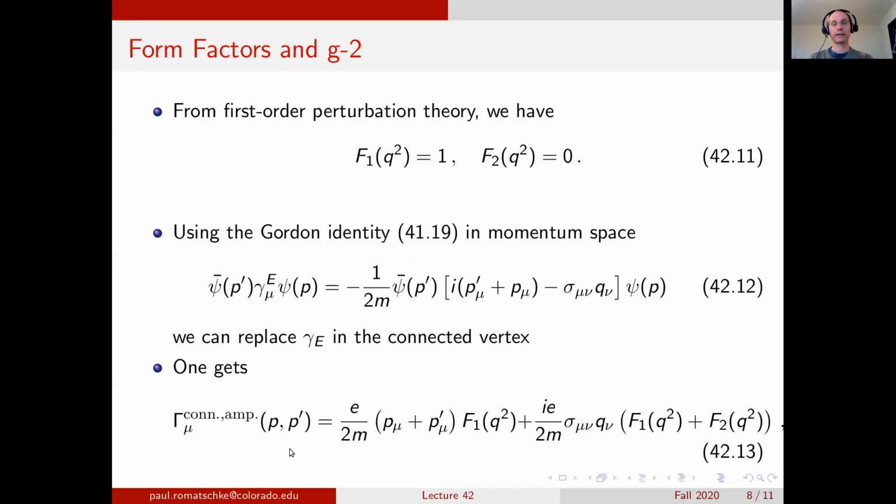If we do that, then we can write the connected and amputated vertex in a different form, where we write it in terms of the sum of the four momenta p and p prime times the structure function f1, and sigma mu q nu times structure functions f1 plus f2.